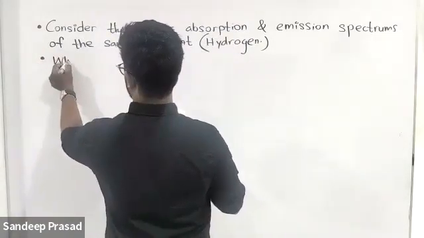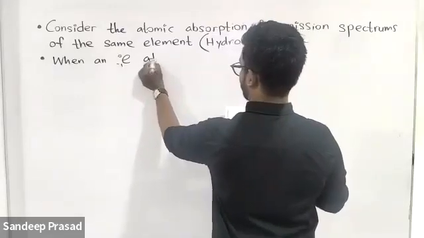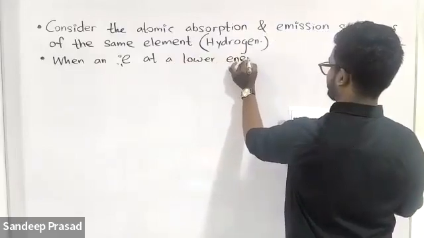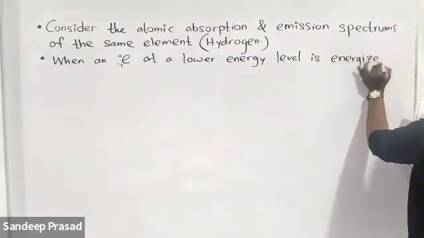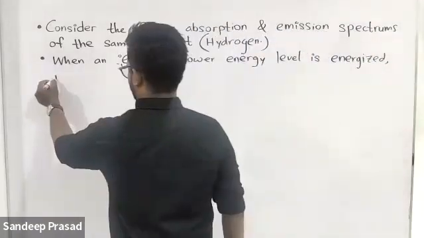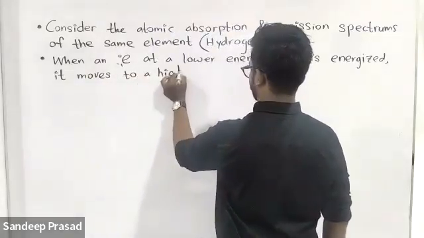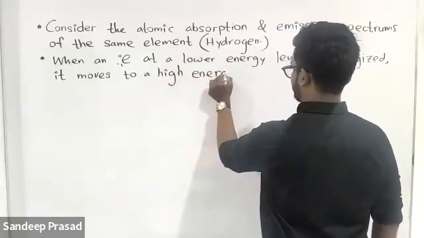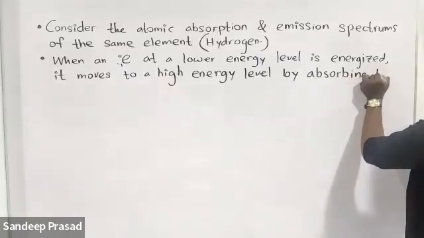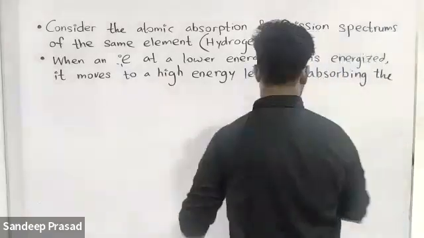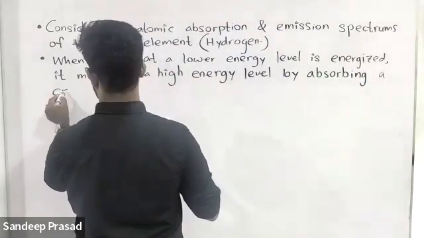When an electron at a lower energy level is energized, it moves to a high energy level by absorbing a certain amount of energy.